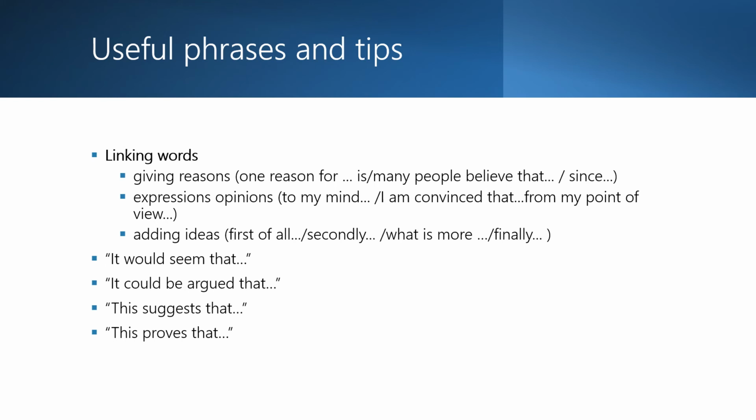For example, to my mind, I'm convinced that, or from my point of view. And some words to use when adding ideas. First of all, secondly, what is more, or finally. There are also some useful phrases like it would seem that, it could be argued that, this suggests that, or this proves that. So try to include as many of these words and phrases in your essay.